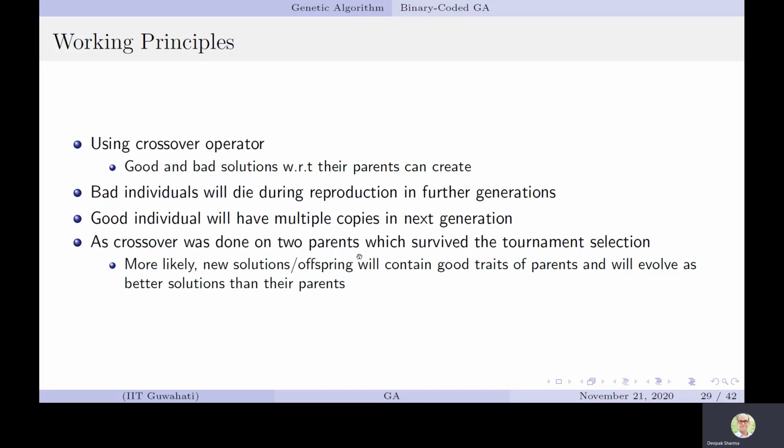As crossover was done on two parents which survived the tournament selection, more likely the new solutions and offspring will contain good traits of the parents and will evolve as a better solution than their parents. So from the previous example, we can understand that there is a large probability that when two good solutions have the crossover, the new solution will be even better than their parent solutions.